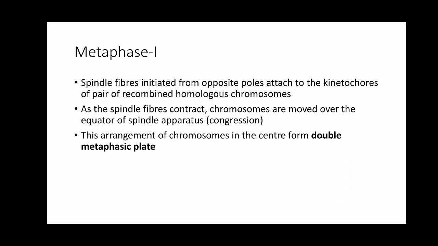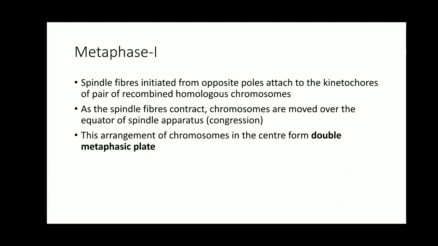And then the spindle fibers contract, and these chromosomes are moved towards the equator of the spindle apparatus. At the equatorial region, these spindle fibers bring the homologous chromosomes.